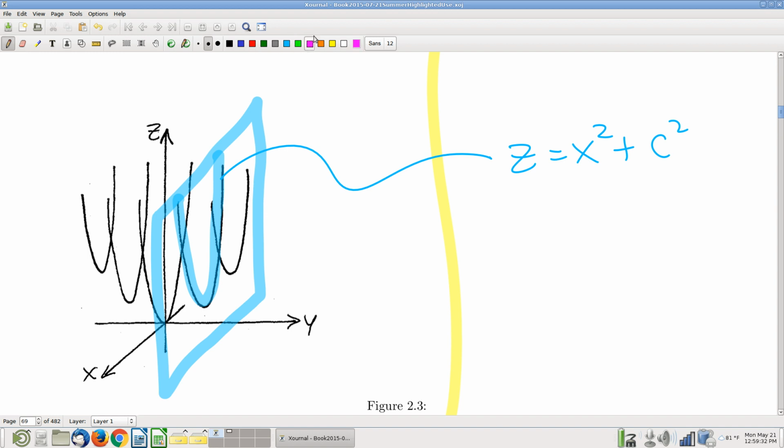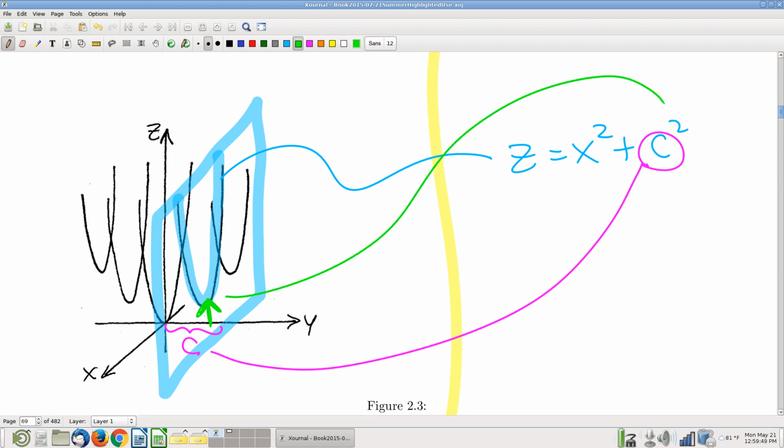So depending on what c is, how far the parabola is shifted up is c squared. So the further I move to the right, the further my cross-section plane moves to the right, the larger c gets. c squared, in green, gets larger even faster.